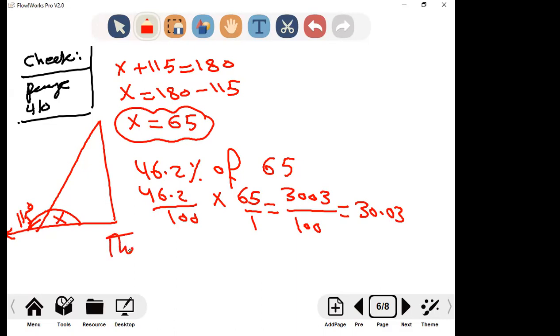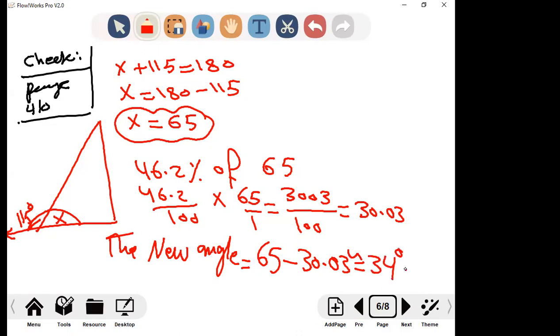The new angle after being reduced by 46.2% will be 65 minus 30.03. Should it be smaller or bigger than 65? Smaller. So 65 minus 30.03 is 34.97, approximately rounded to 34 degrees. The question wants us to round, okay?